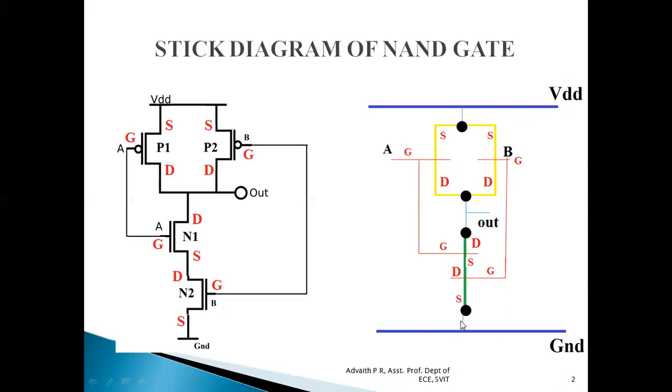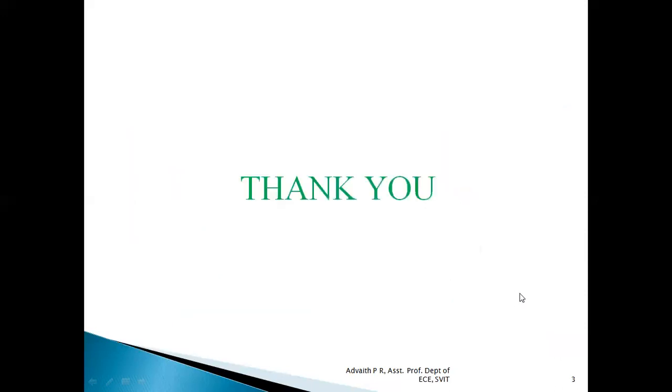Similarly, n-type diffusion and the metal region are connected, so we have to establish a contact. So this is how we represent a NAND gate using stick diagram. I hope you have understood how to represent a NAND gate using stick diagram.